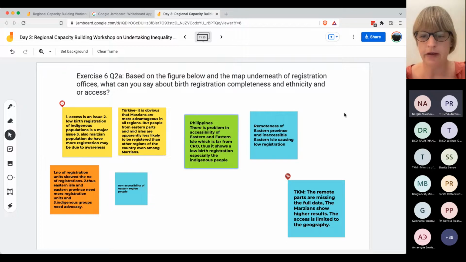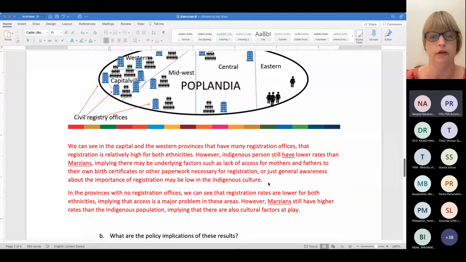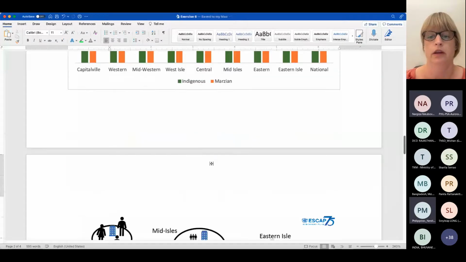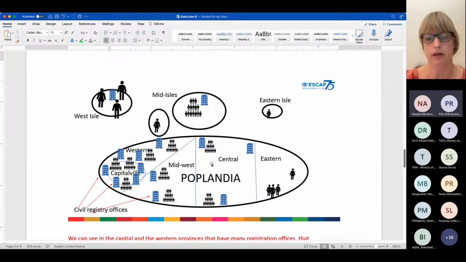Okay, so let's have a look at the graph again together, and walk you through what we're getting at here. Here's our map, and we know that there are no offices here, so we know it's going to be an issue.